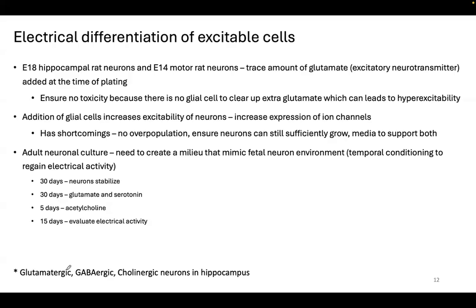You have glutamate, GABA, and acetylcholine, and we'll talk about these three for now. Depending on what the neuron finally works on, you can have glutamatergic neurons, GABAergic neurons, or cholinergic neurons.